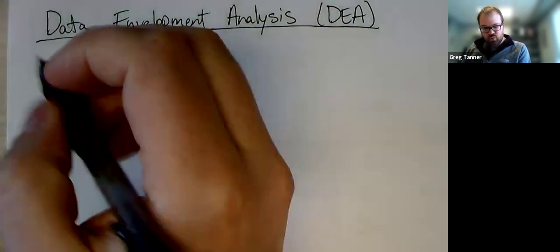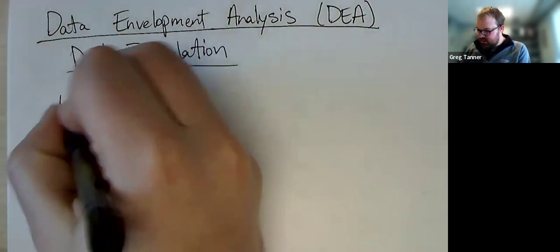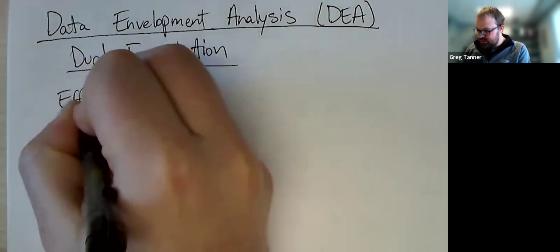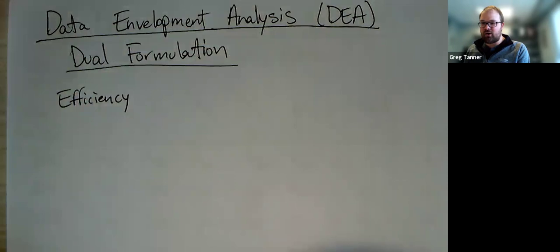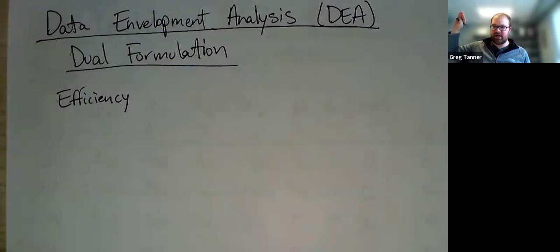So we said that efficiency was sort of output over input overall. And then we connected that to a line. But when we actually measured input, we measured it as input of a target divided by input of the actual DMU.